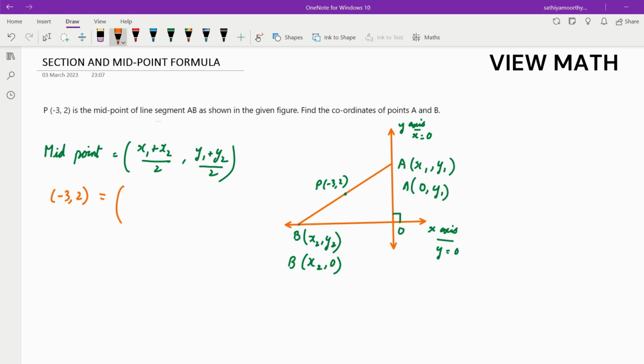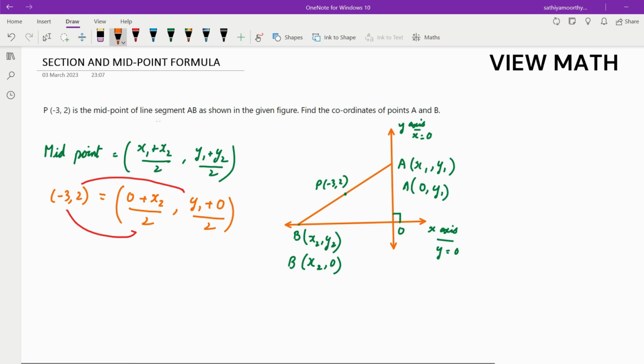Now x1 plus x2: x1 is 0 plus x2 by 2, and y1 as it is, plus y2 which is 0, divided by 2. Now I am going to equate the x-coordinate to x-coordinate and y-coordinate to y-coordinate to find out x1, x2 and y1.